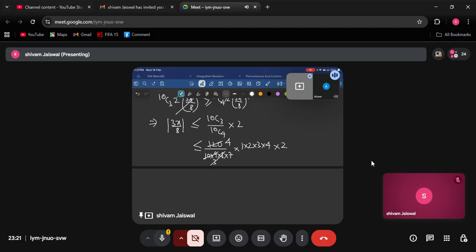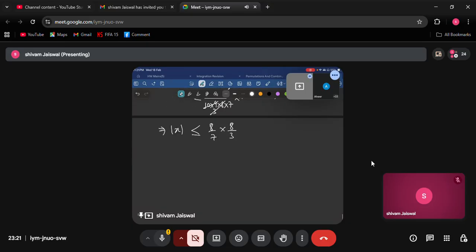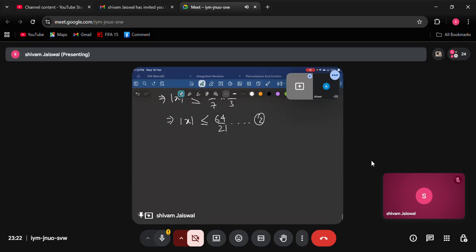Over here, 3 8s are 24, 24 gone. Okay, so mod x is less than or equal to 4 into 2, 8 by 7 multiplied by 8 by 3. Yes. So mod x is coming as less than or equal to 64 by 21. Okay, this is inequality 2, inequality 1.